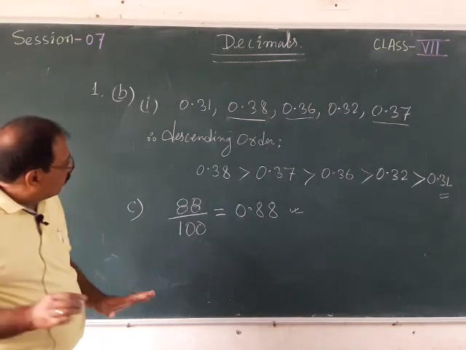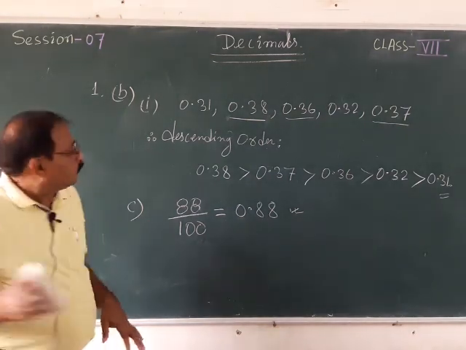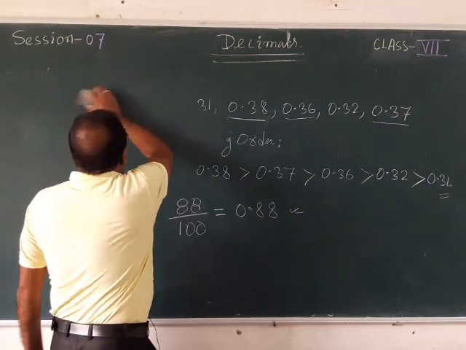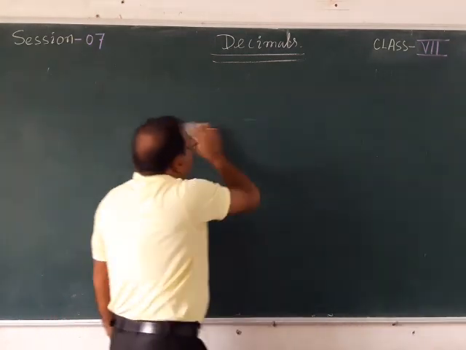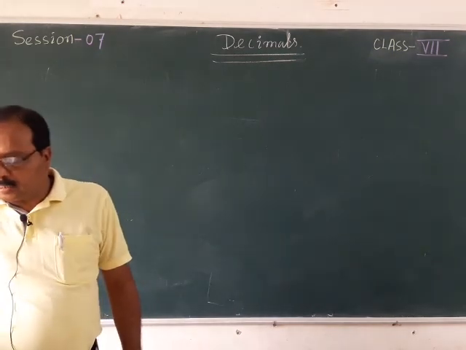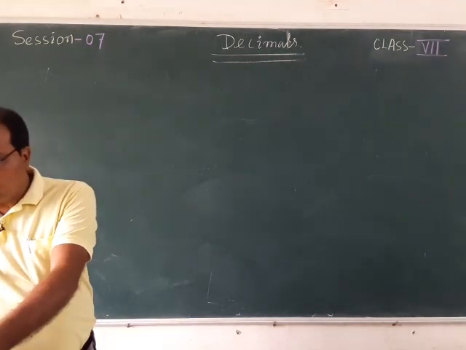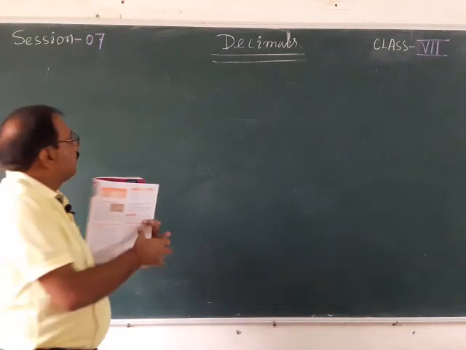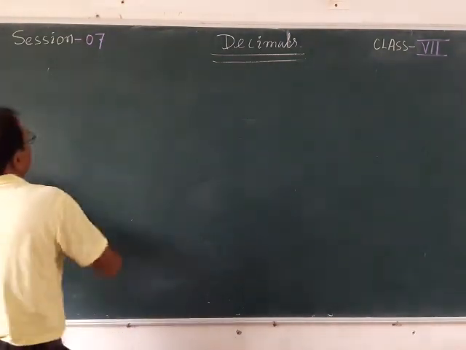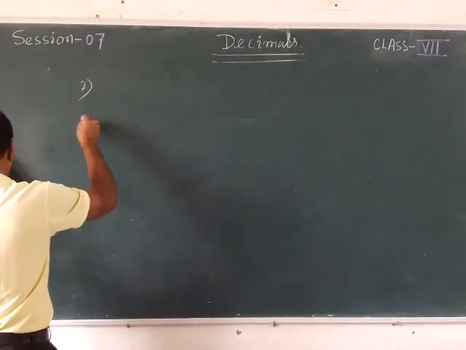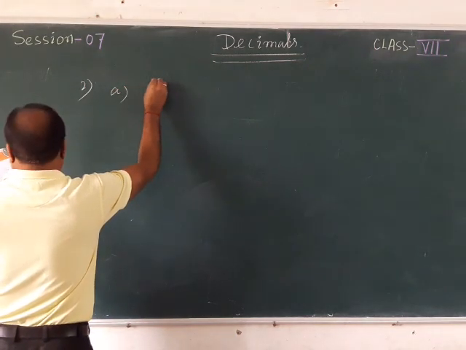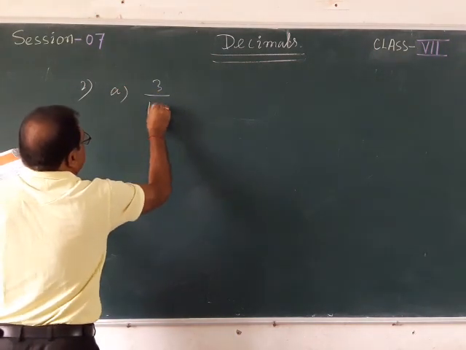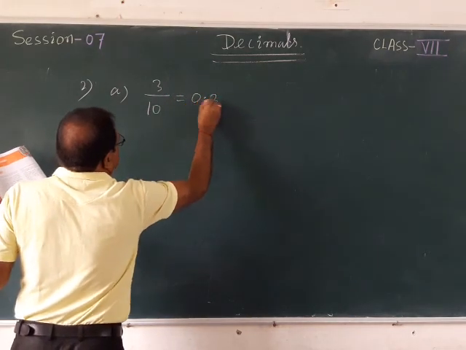Now I am talking about question number 2 from this warm up exercise, the revision exercise: convert the following fractions into decimals. How can you convert them? Let me show you. A is 3 upon 10, which you can write as 0.3.